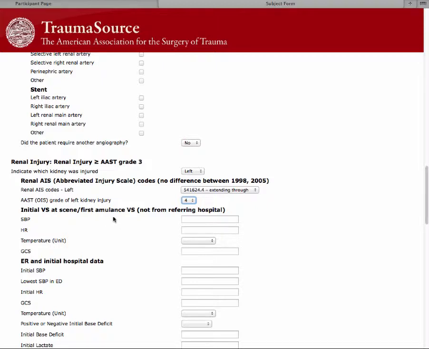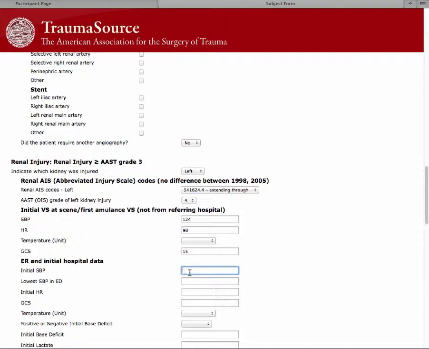The initial vital signs at the scene. The first ambulance, if this is available, and we'll say the systolic blood pressure was 124 and the heart rate was 98. Temperature was not taken in this case, but if it was, you could put this in. Glasgow Coma score was good at 15.